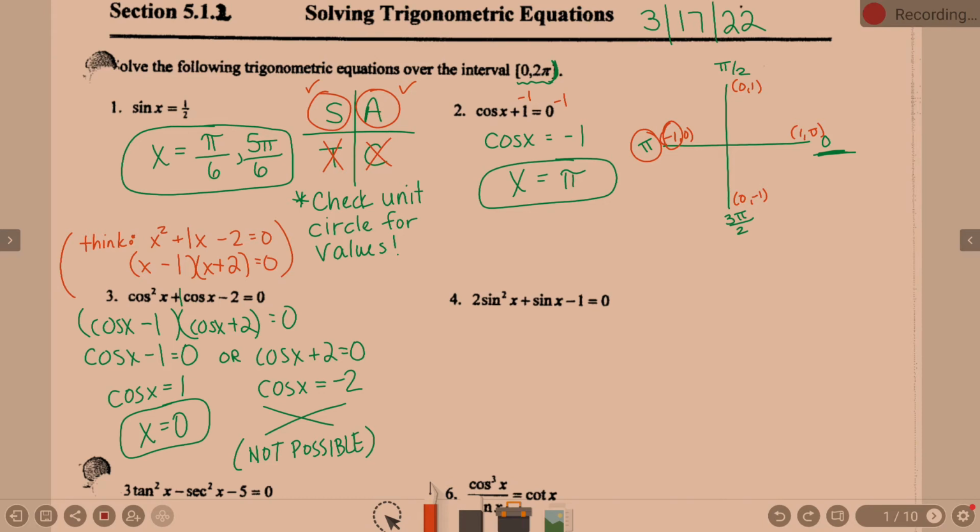Now, as we get better about this, you may not need this think step. But for the moment, I'm going to put this think step in. If I drop those signs out for you, 2 sine squared x is saying 2x squared. Plus sine x, well, that's saying plus 1 sine x. So plus x minus 1 equals 0.